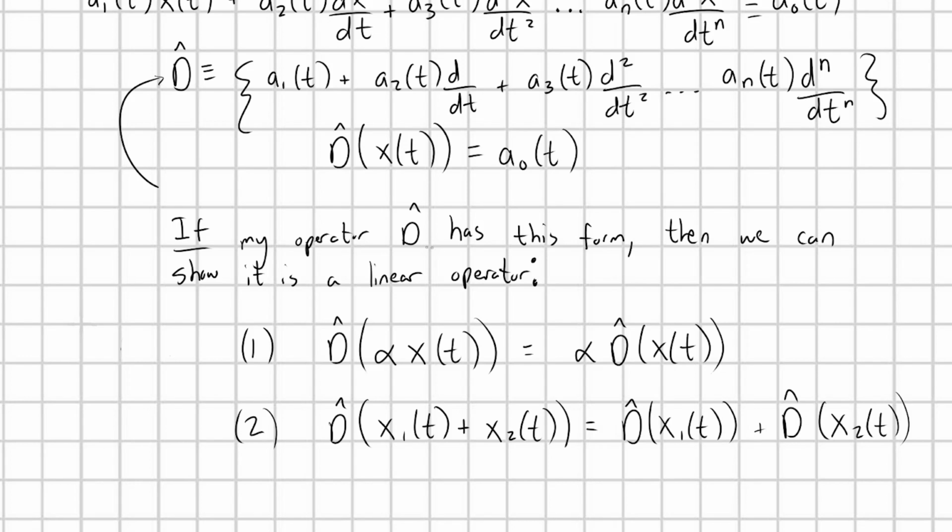My differential operator in this form does in fact satisfy those two properties, please verify it for yourself. All you have to do is take this differential operator and distribute it out over the alpha x and just show this equivalency. It's really not that bad. And then do the same thing, operating it on two functions x1 and x2 added together, and show this property. Take 5 minutes and do that.